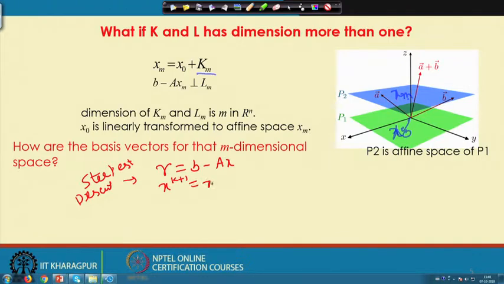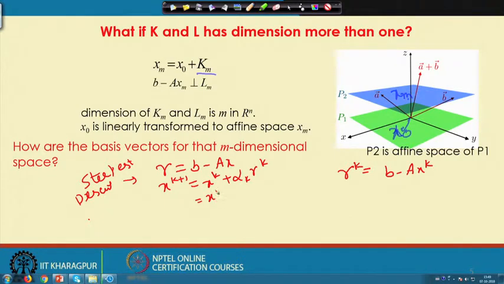x_{k+1} is equal to x_k plus alpha_k r_k. So, for x_k, instead of shifting it by a vector space, I am just adding a single vector to x_k. And what is r_k? We can write r_k is equal to b minus A x_k.